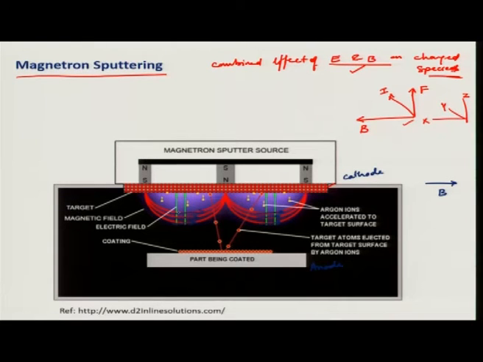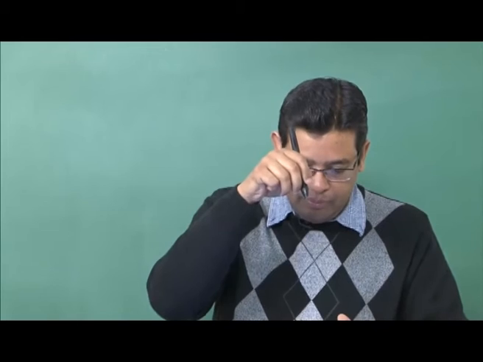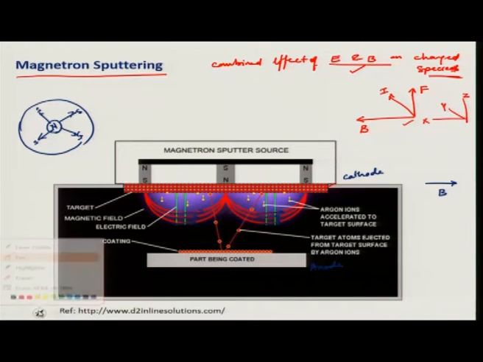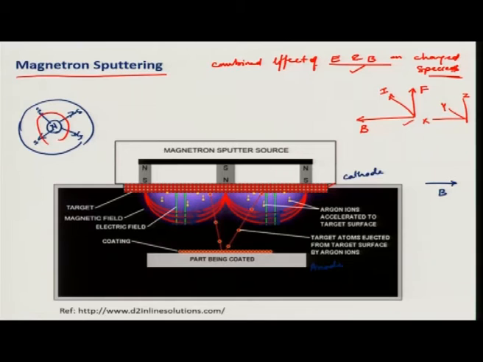This is the side view, and the top view would be like this, where in the middle I have my north pole and my south poles are here. Now, if you are looking from the top, the electric field lines are perpendicular to the plane and the magnetic field lines are radial. These two will affect the motion of electrons in a direction along this. So, this is the force on electrons.